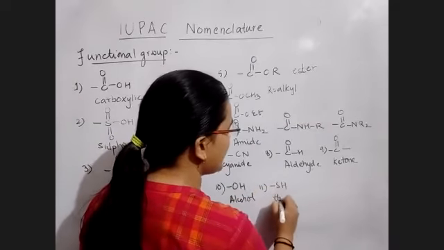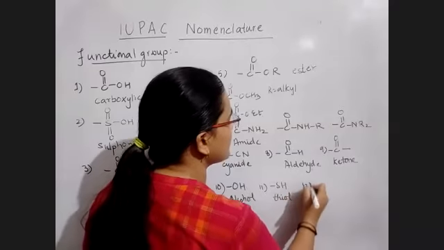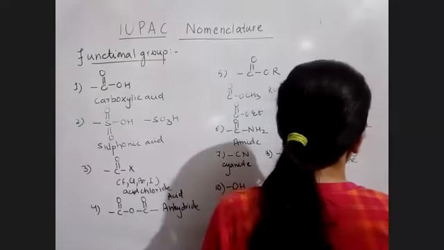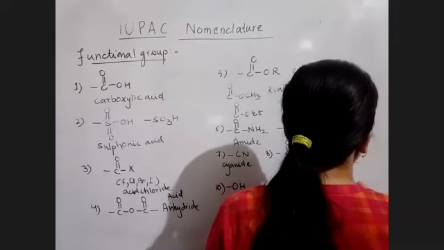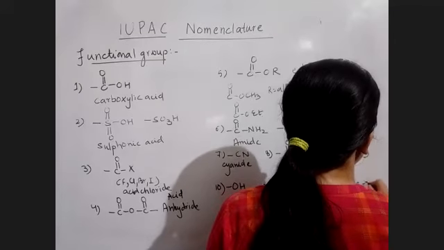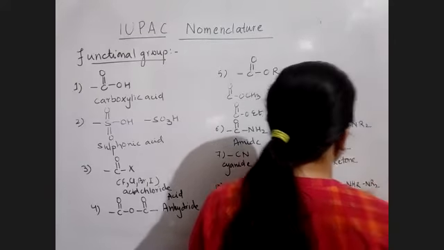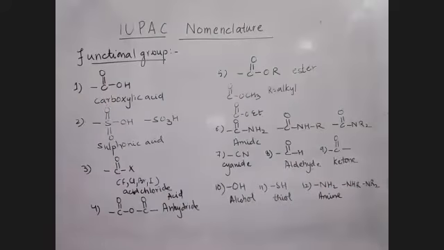SH means thiol. NH2 means amine. It can be NHR, it can be NR2. All three possibilities are there. All are known as amine. These are the functional groups.